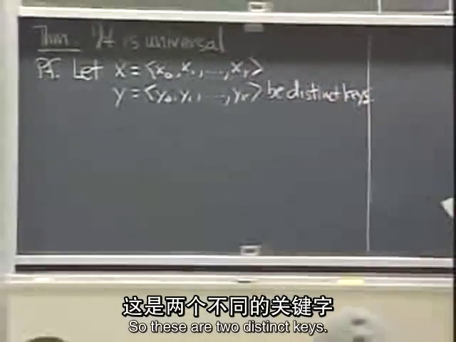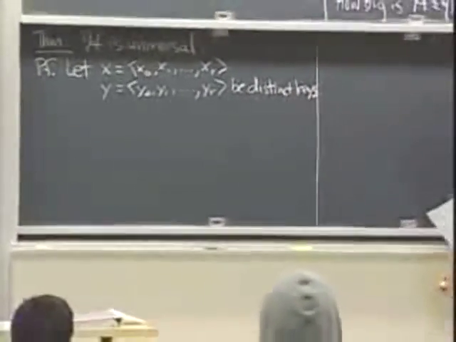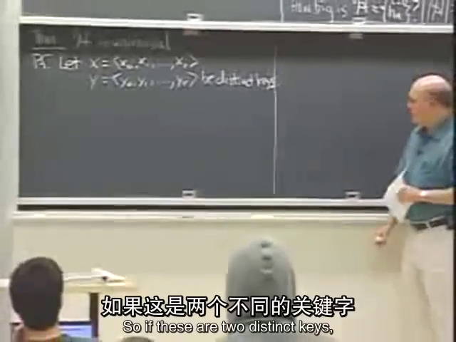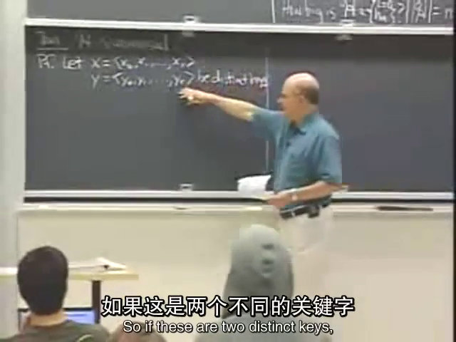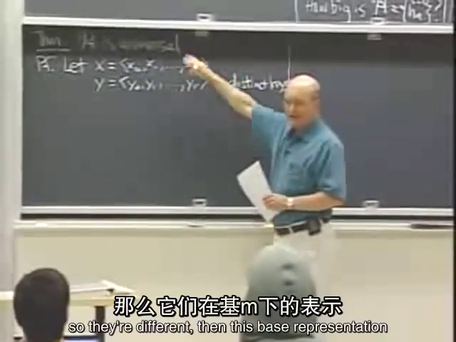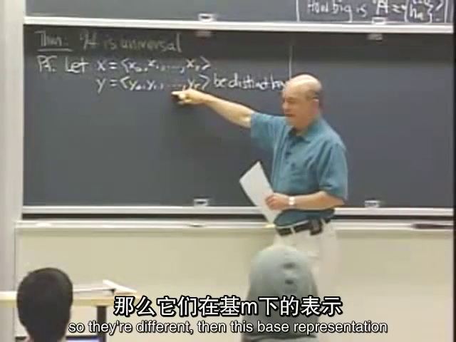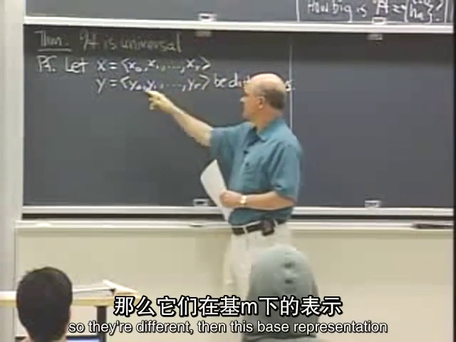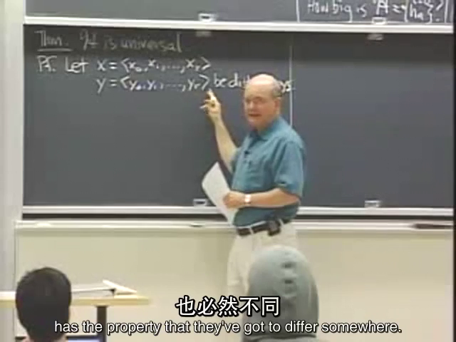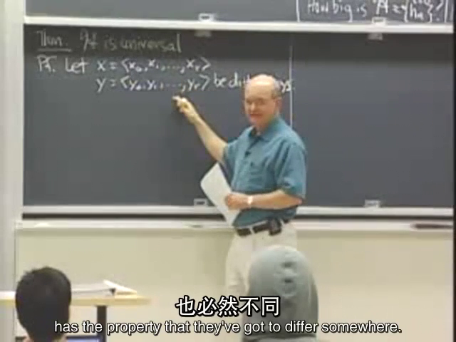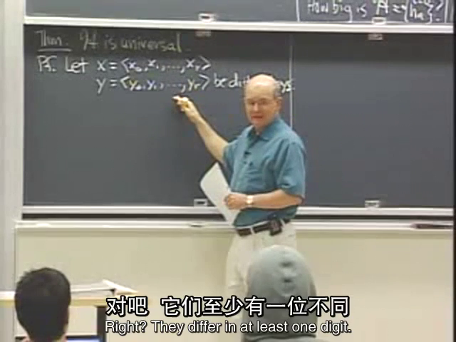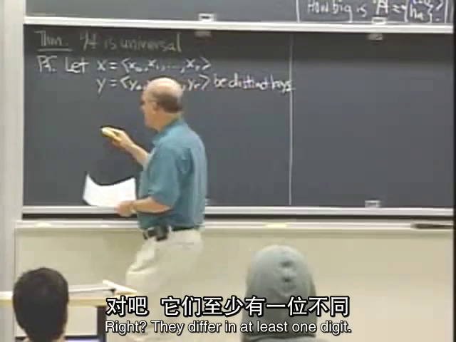These are two distinct keys. Since they're different, this base representation has the property that they've got to differ somewhere. They differ in at least one digit.